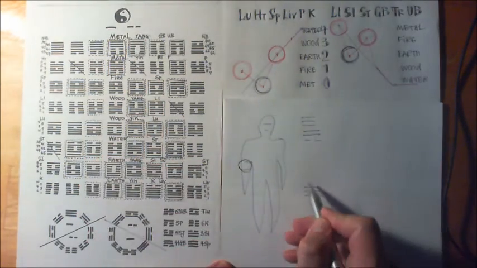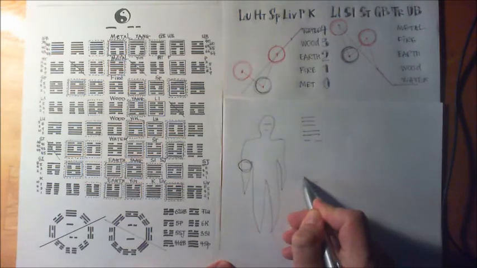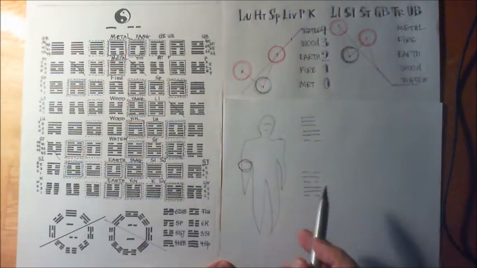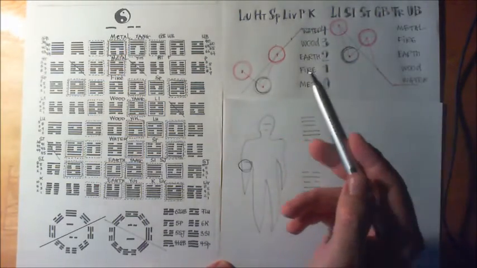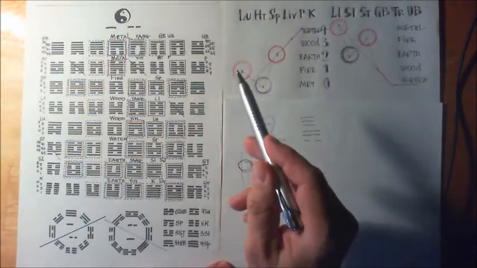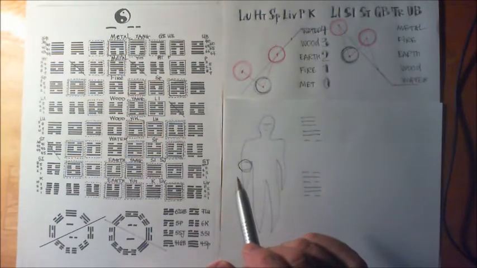So we have this part. So we can treat the lung meridian through the stomach meridian or through the gallbladder meridian.